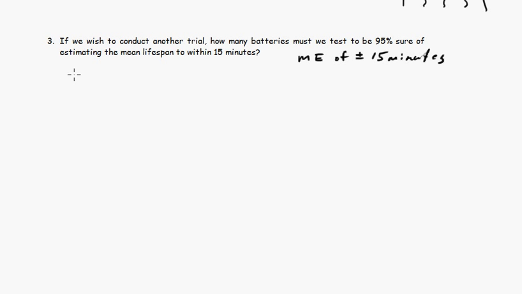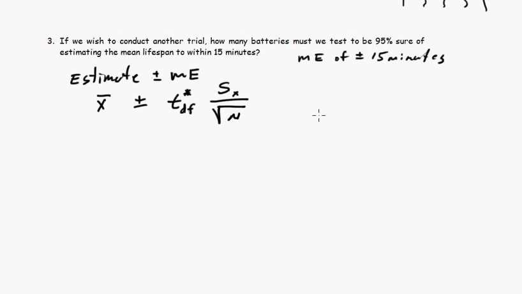So let's recall that the confidence interval is an estimate plus or minus the margin of error. So the estimate is x bar in this case, and then we're going to use t star of degrees of freedom, some specified degrees of freedom, times the standard deviation divided by the square root of n.